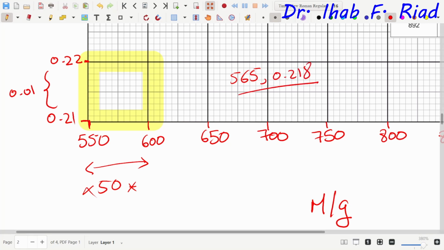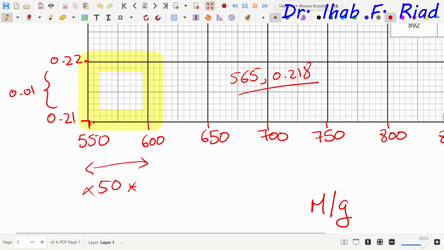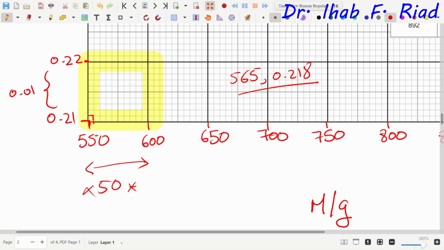How are we going to represent the data on the x-axis? We know that on the x-axis, the big square is of 50 units length. What about the small square? How much is a small square on the x-axis? It is 50 divided by 10. It is 5 units. So we start counting.